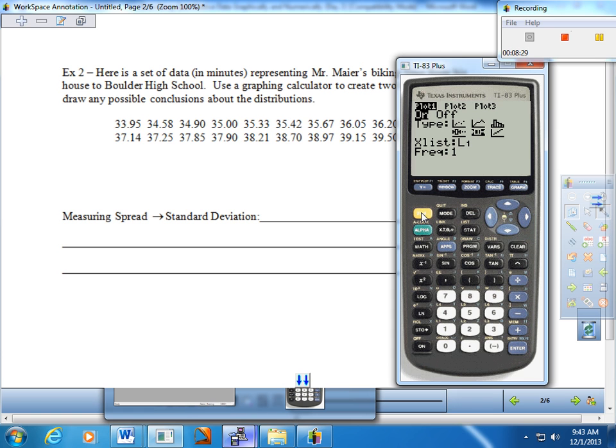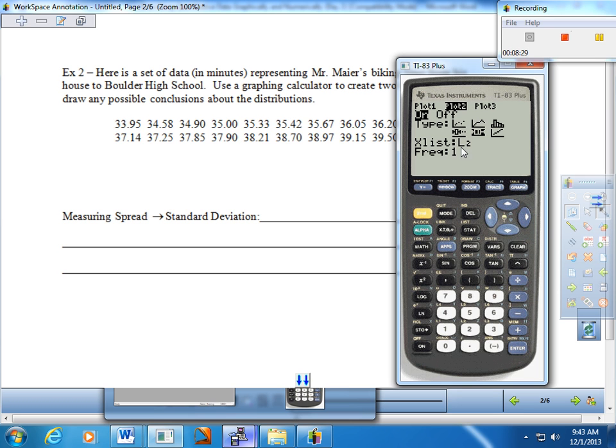Then if you would, when you have that, and again, pause if you need to, go second and y equals, go back again, and let's go to number 2, please. We're going to turn the second one on. Same deal, box and whisker plot. Now the only difference is we have to get our list differently than the first plot.